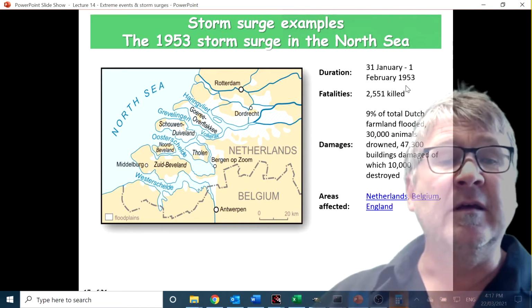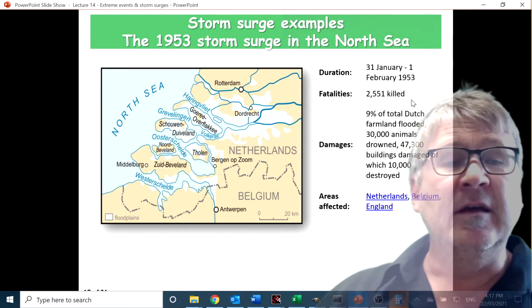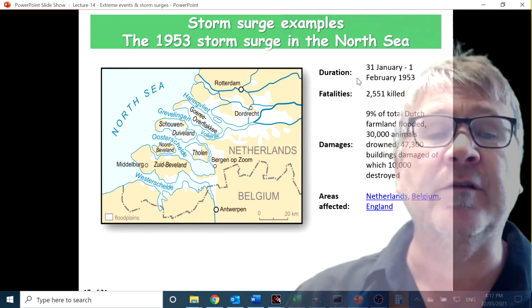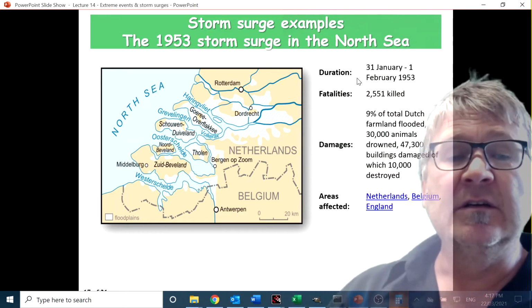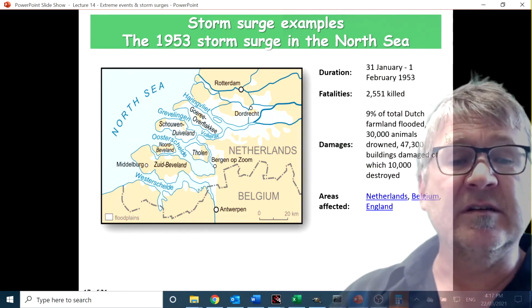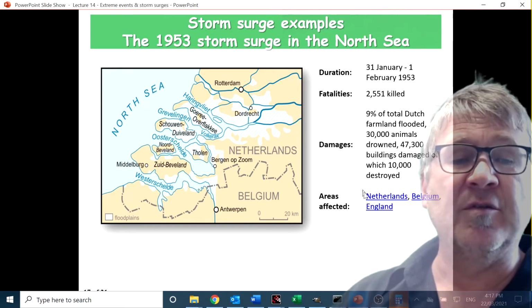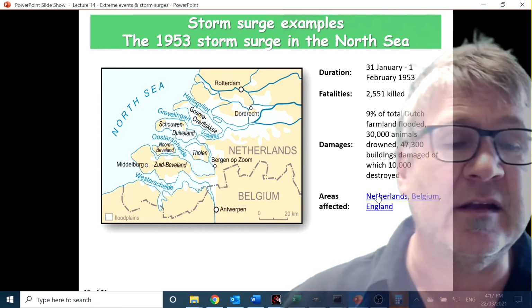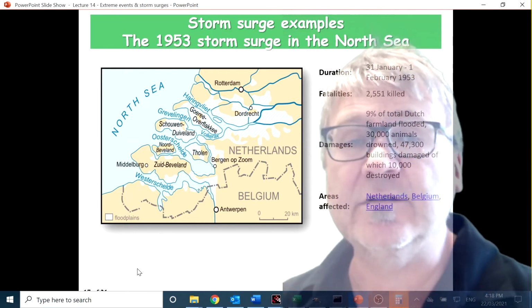Again, this is in 1953. Fatalities, about 2,551 people killed. Okay, damages, many animals drowned, many buildings destroyed. Areas affected: Netherlands, Belgium, and England.